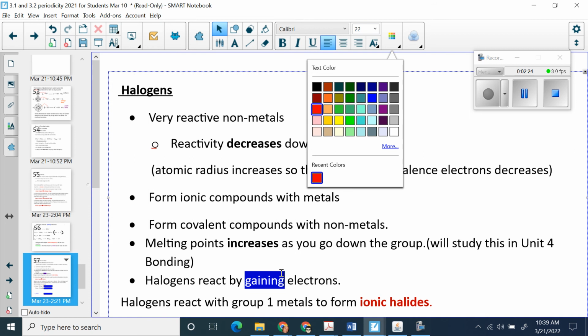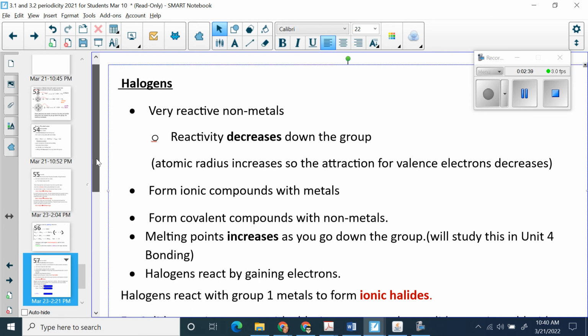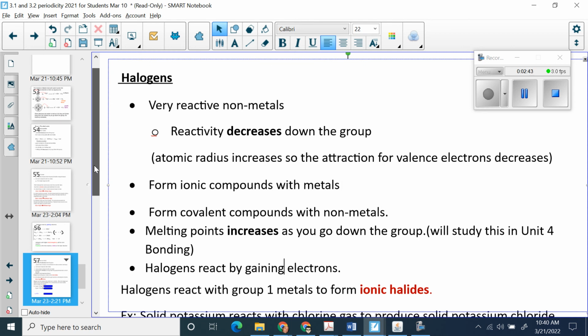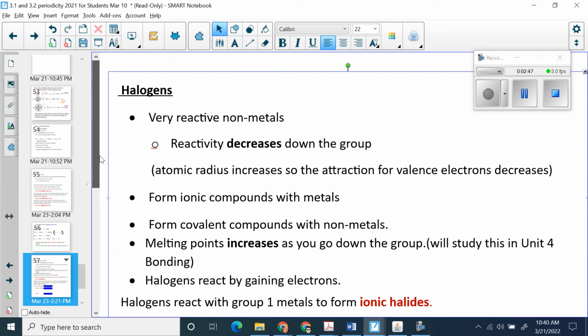Because alkali metals react by losing electrons, the easier it is to lose, the more reactive it is. Because halogens react by gaining electrons, the higher the electronegativity, the more reactive it is.